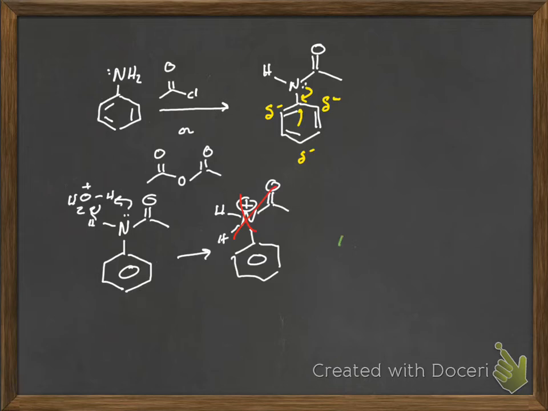When you've got this, remember, because it's an amide, that pair of electrons exists in a resonance form going through the carbonyl oxygen.